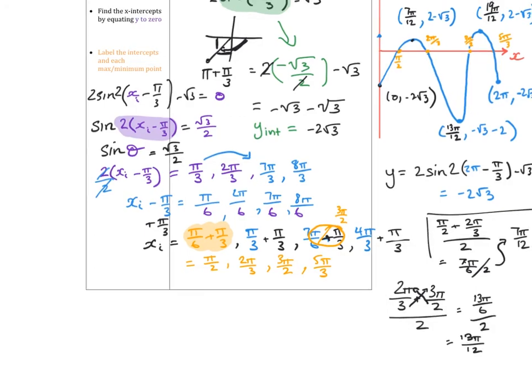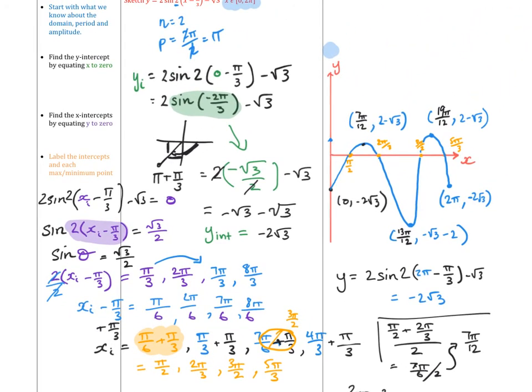So as a little bit of a summary, we can look at our graph here and we can see that we've got the y-intercept labelled. We've done quite a bit here, but the y-intercept, well, we achieve that by letting x equal 0. We've got our x-intercepts, which we achieved by letting y equal 0.